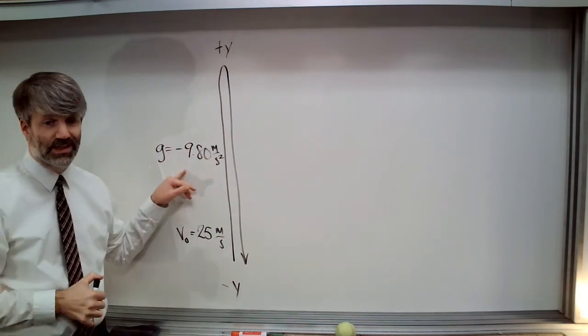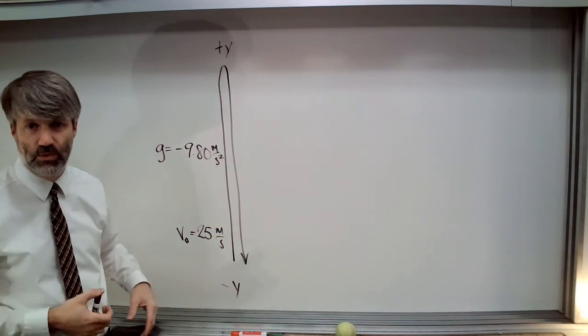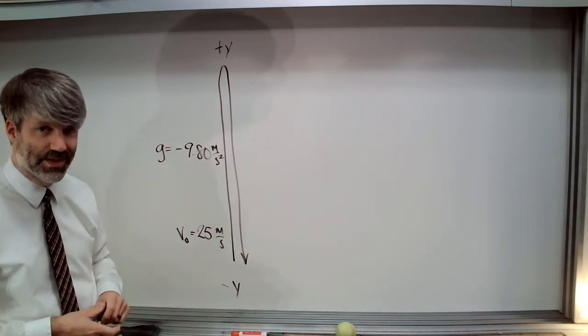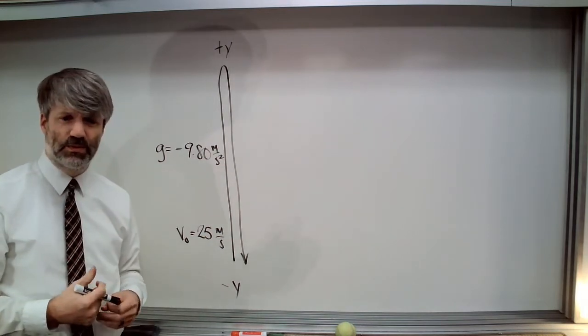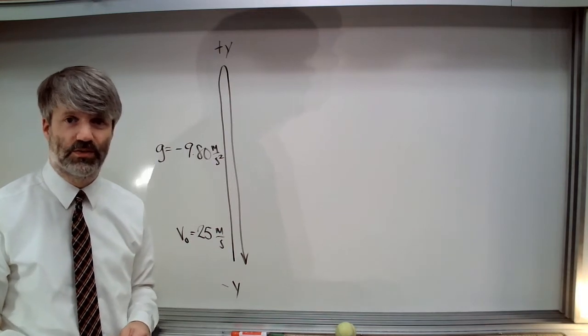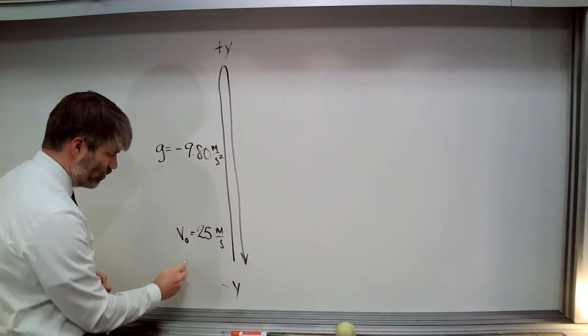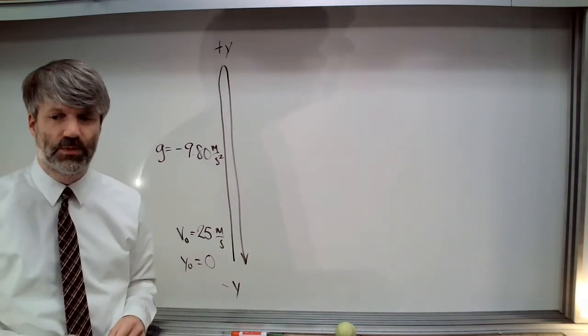We know that it's negative because the acceleration is going downwards in this case, towards the negative y direction. We can also choose where we want it to start from, and why wouldn't we have it start from 0? So we'll have y naught equals 0 as well.